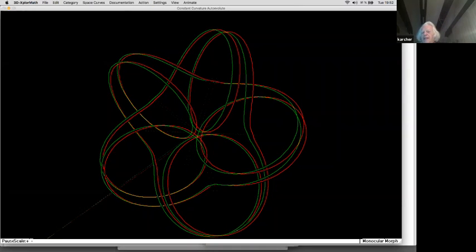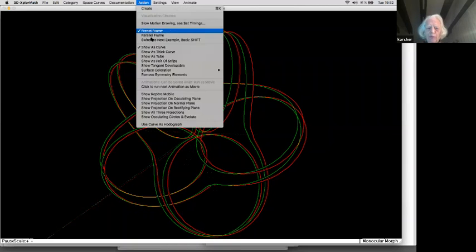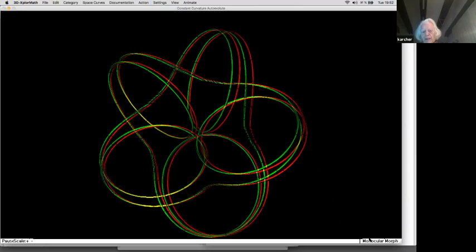And so this one, maybe we should also look at as a tube. I don't know how much the stereo helps here, so I switched to monocular.